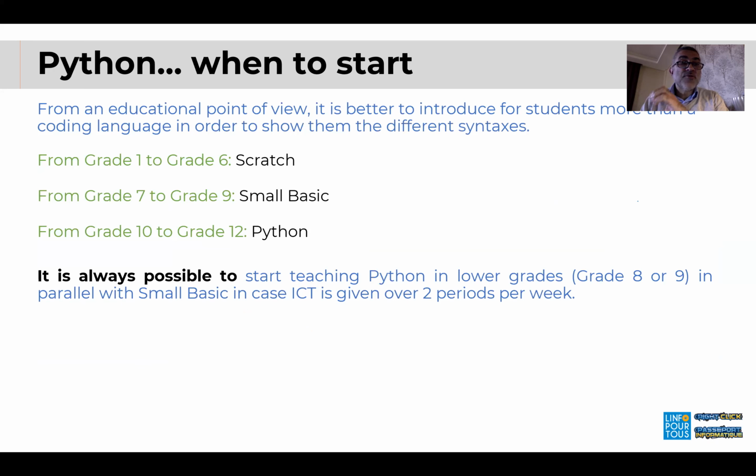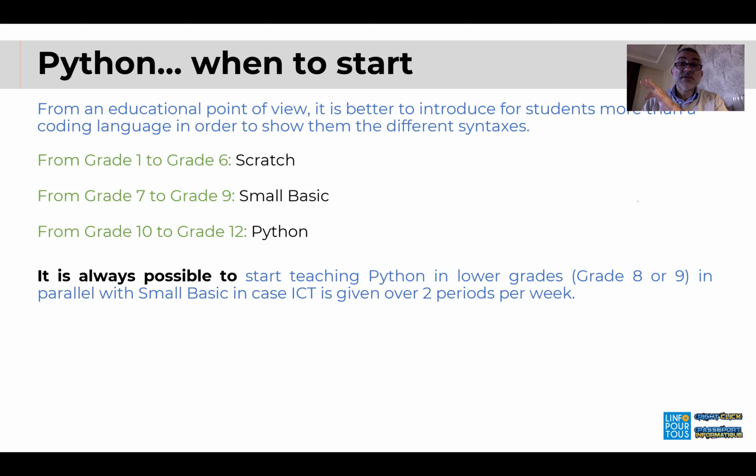Now, when to start coding or when to start Python in general: from an educational point of view, it's better to introduce students to more than one coding language, as I said before, in order to show them the different syntaxes. From grade 1 to 6, we can start with Scratch, as we are doing in our curriculum. From grade 7 till 9, Small Basic, and from grade 10 till 12 with Python.